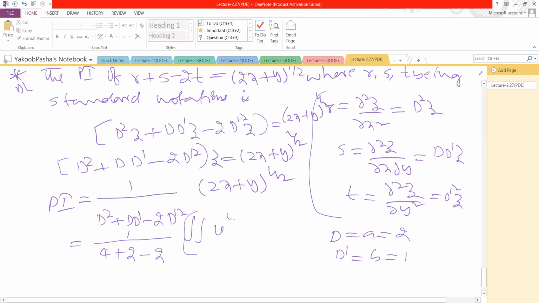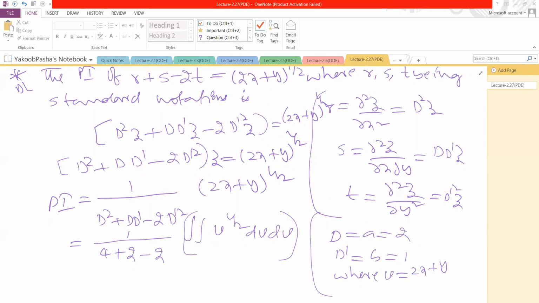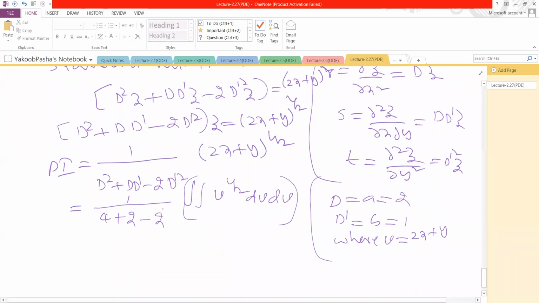This is v^(1/2) dv, where v = 2x + y. Here the 2 will be cancelled: 1/4 of the integration of v^(1/2) is v^(3/2) dv. One time integration is completed.